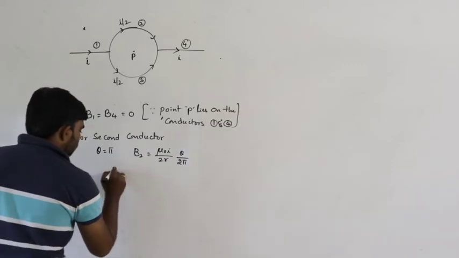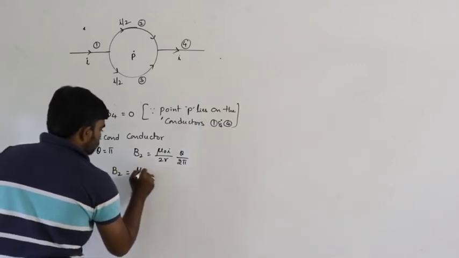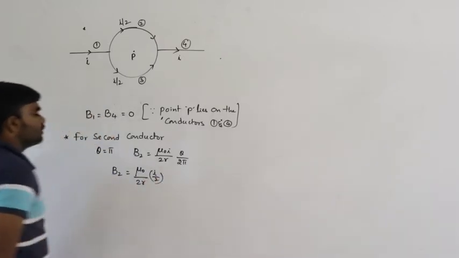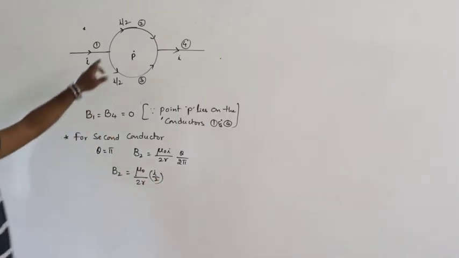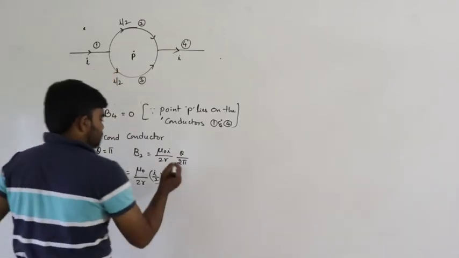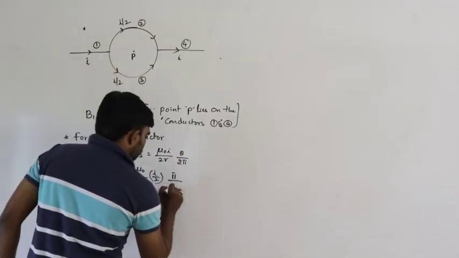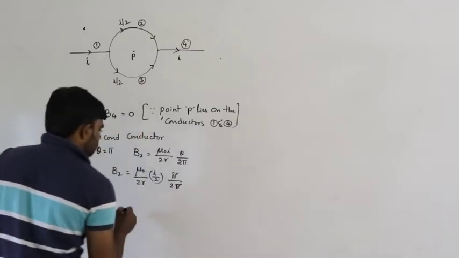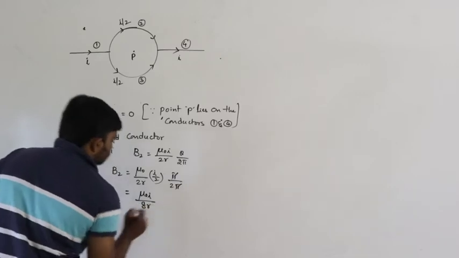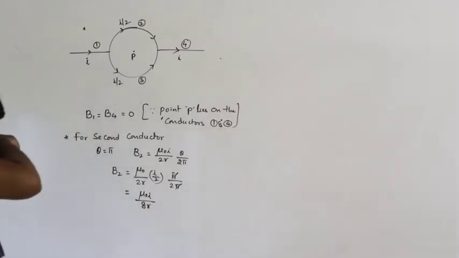The current is I by 2, since the current divides into two equal parts, I by 2 and I by 2. Theta is pi divided by 2 pi. Pi gets cancelled, so this can be written as mu naught I by 8r.